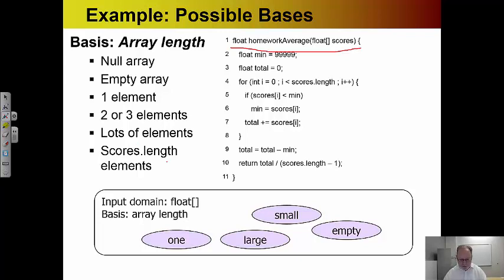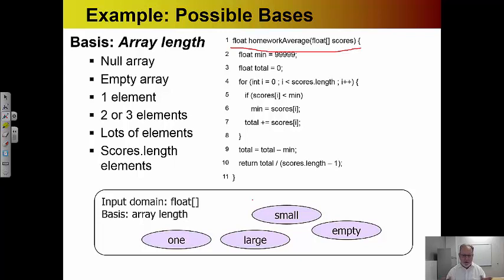Realize that you're going to partition array length based on how many things are in there, and roughly it's going to be kind of empty, one, small, large. These are going to be examples of different equivalence partitioned classes based on the basis of the data considering array length.